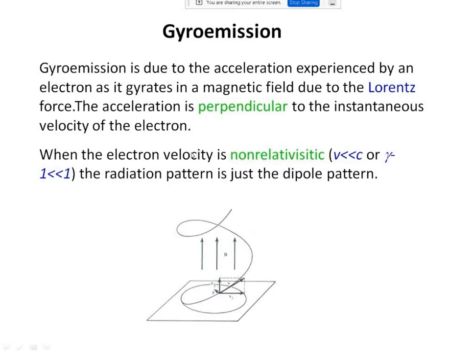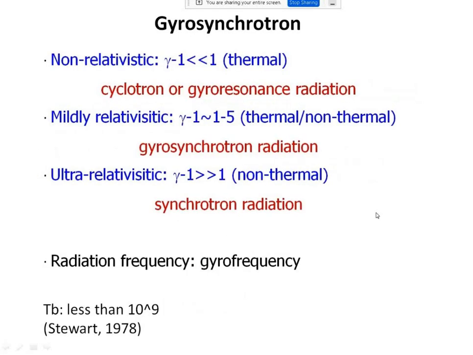When the electron velocity is non-relativistic, which means gamma is very low, this is the gyration emission. For gyrosynchrotron, as I said, it's a combination of gyration and synchrotron emission.